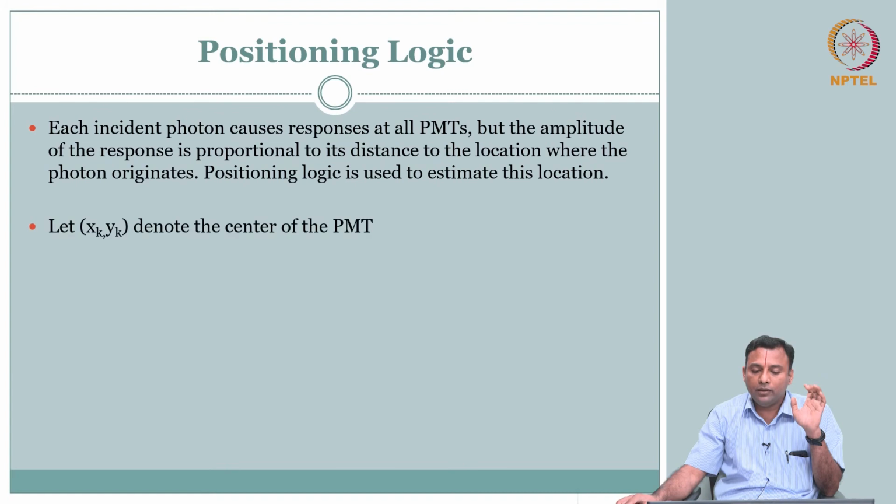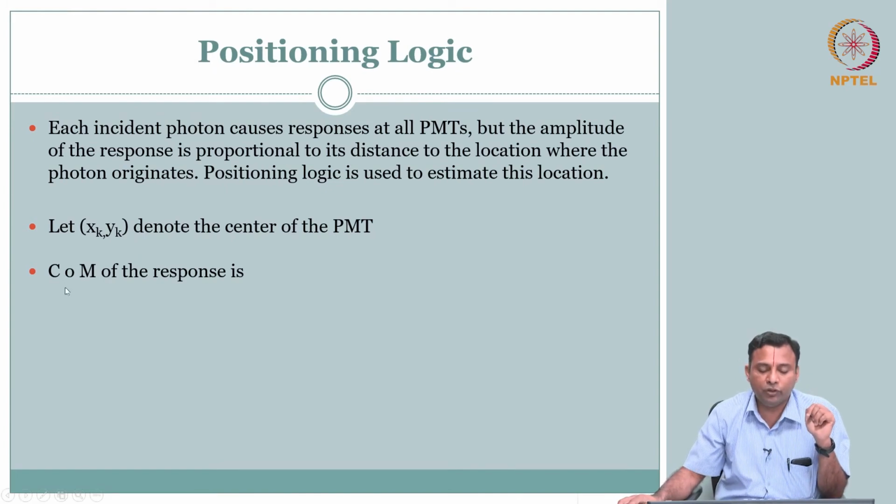Rather, we could go for center of mass. If you denote xk, yk as the location of the center of your photomultiplier tube, we can use a center of mass instead of just using the photomultiplier tube with the maximum response as the location.